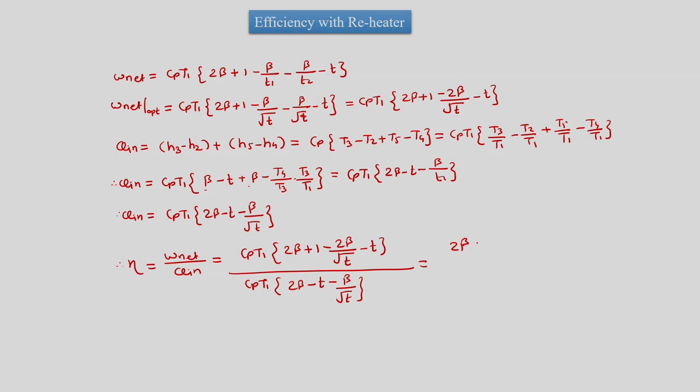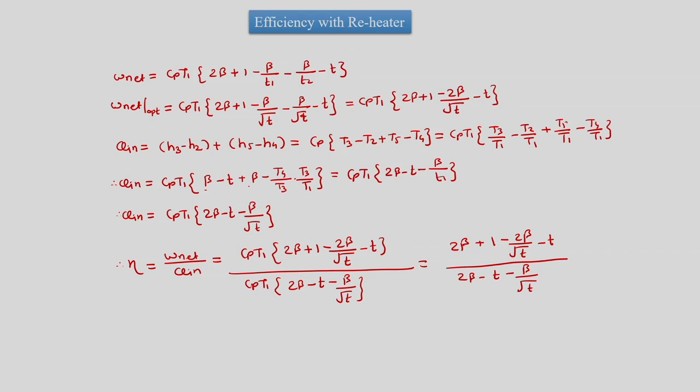So we have twice beta plus 1 minus twice beta upon root T minus T divided by twice beta minus T minus beta upon root T.